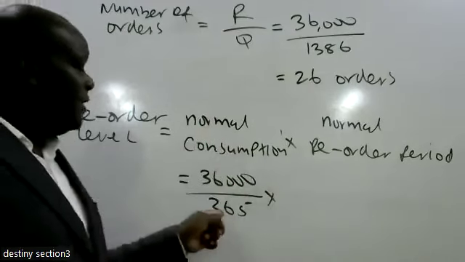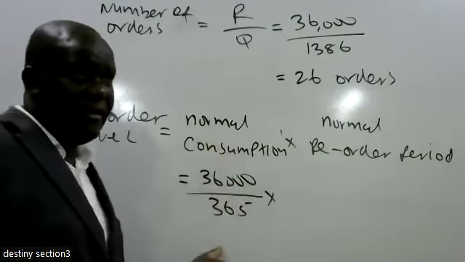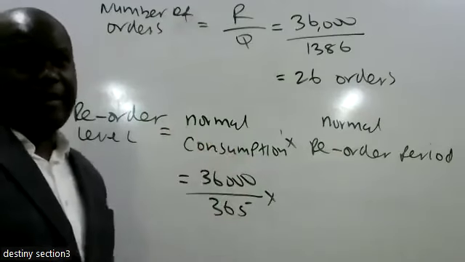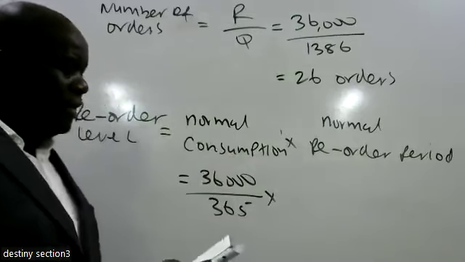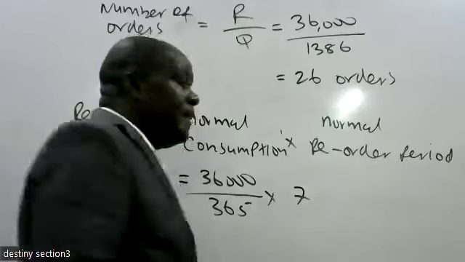If it is given in month, you will get normal consumption in month. But this one, lead time was given in terms of days. We multiply by that lead time that you are given in the note number 6. Are you able to see 7 days? So multiply by 7 days.